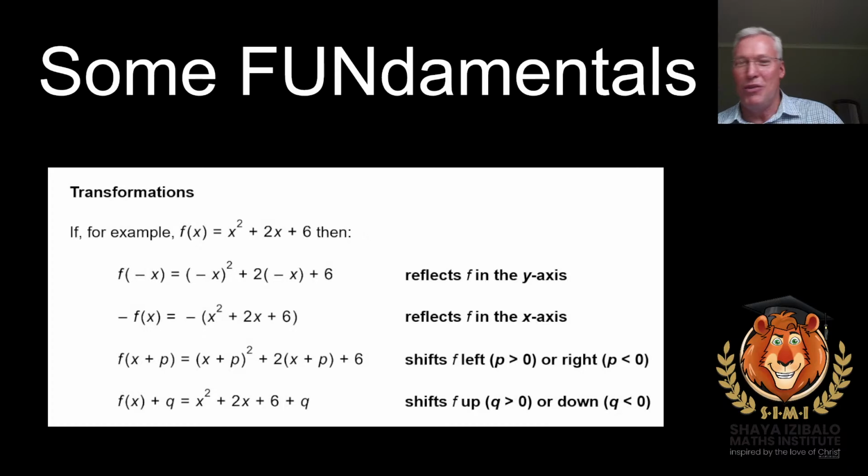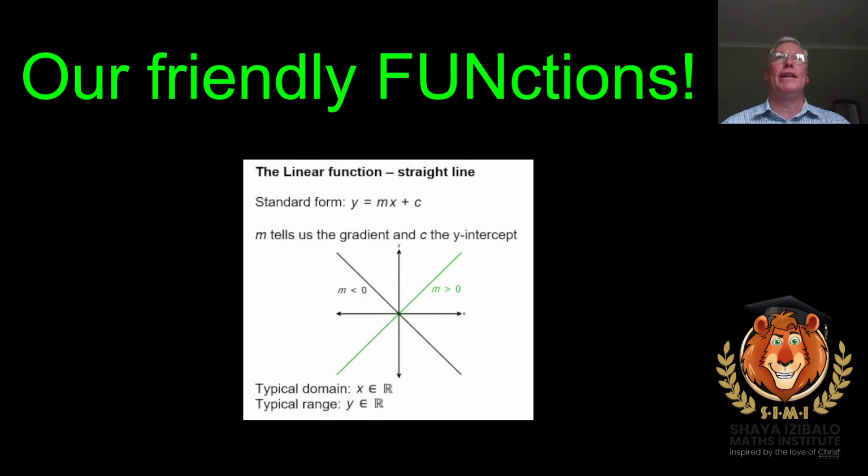Next up, we're going to look at some specific functions. I'm calling them our friendly functions, and they really need to be recognizable to us like old friends. I'm going to show you some dynamic simulations of each of them. The first one is the straight line, the linear function.